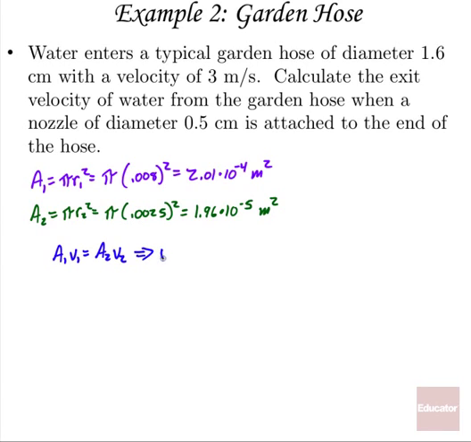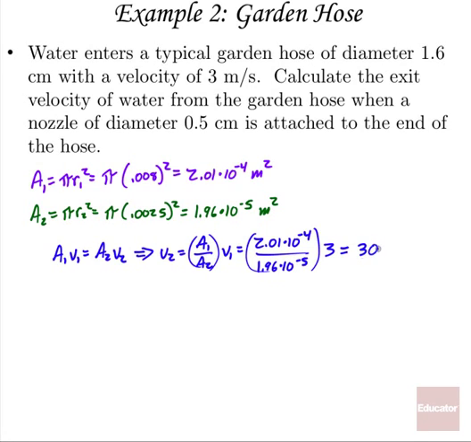This implies then that V2 equals A1 over A2 times V1, or 2.01 times 10 to the minus 4 square meters over 1.96 times 10 to the minus 5 square meters, all times V1, which was 3 meters per second, for a total of about 30.8 meters per second. Comes out a lot faster when you decrease that area.